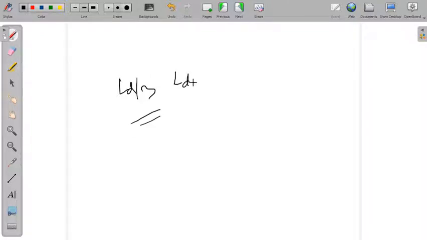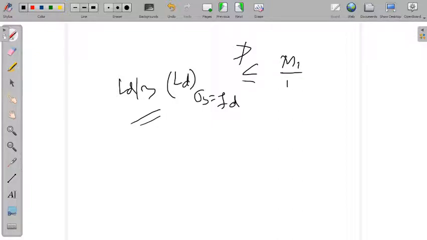Ld, when sigma s equal to fd, should be less than or equal to, or we can say should not be greater than, both are the same meaning, M1 by V plus L0. I am reading the sentence again.